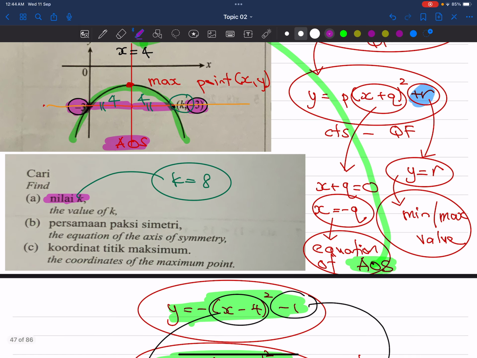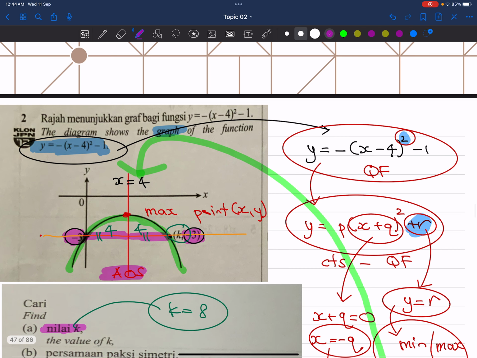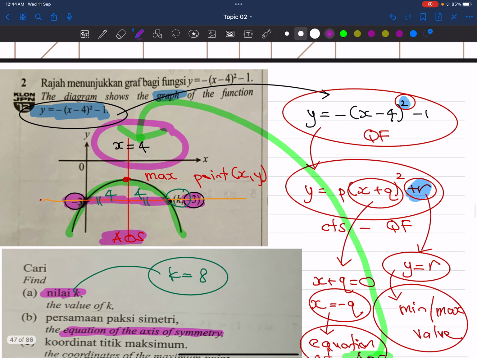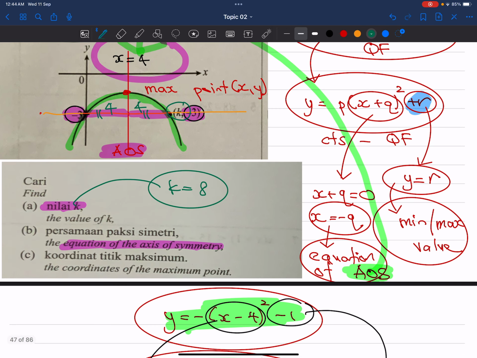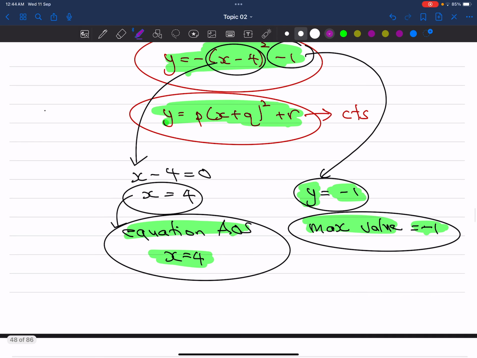Second part will be easy. We already got our second part. Find the equation of the axis of symmetry. We already got, which is x equals 4. Third part, find the coordinate of the maximum point. We also got ready.